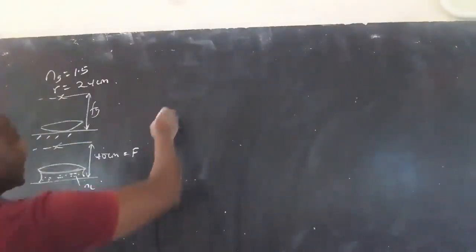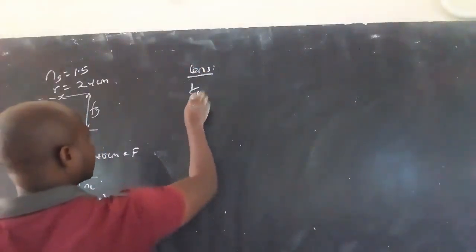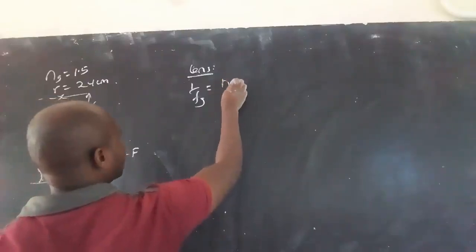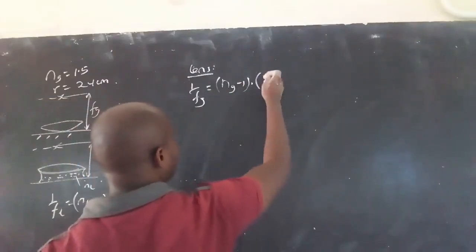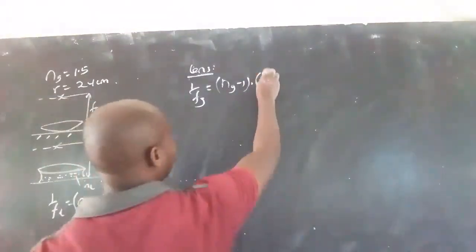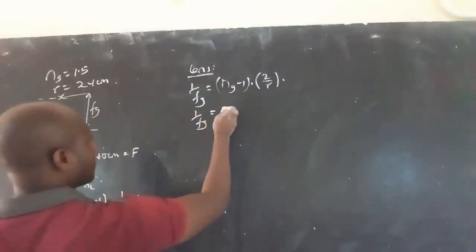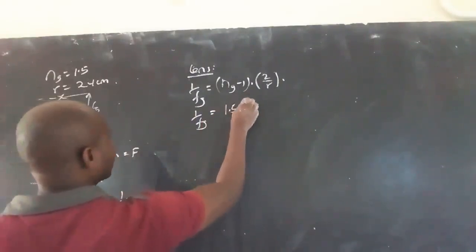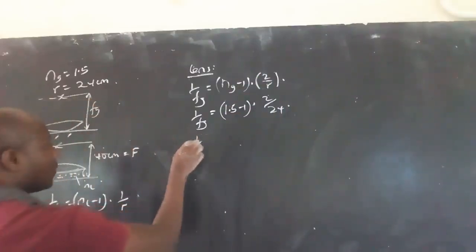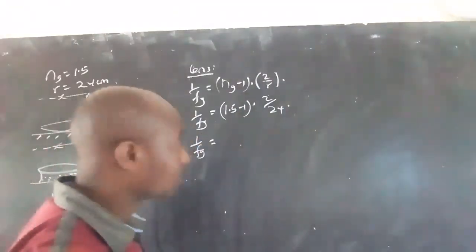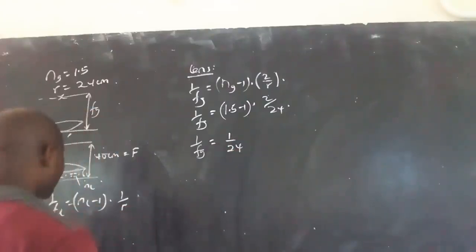Now for the glass, for the lens, 1 over F of glass is equal to n glass minus 1 times 1 over R plus 1 over R, which is 2 over R. So 1 over F of glass will now become 1.5 minus 1 times 2 over 24. So 1 over F glass will now become 1 over 24.